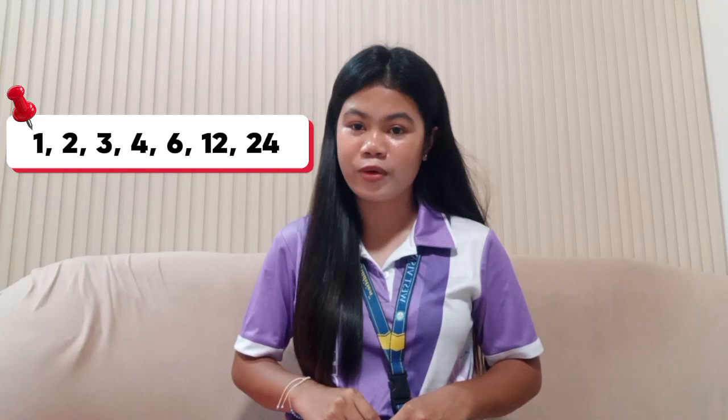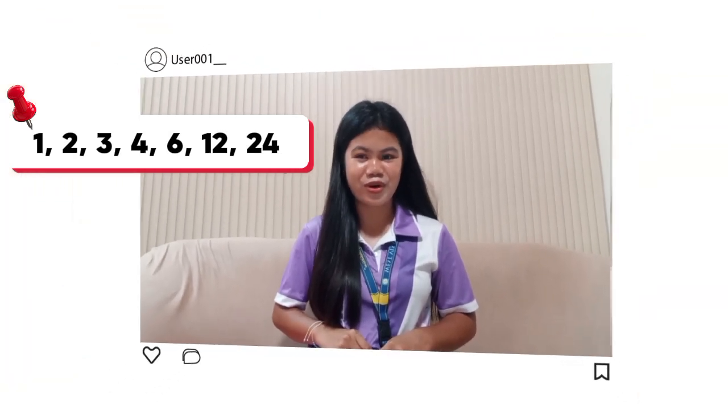So, do you know what is the factor of 24? Yes, that's right. The factors of 24 are 1, 2, 3, 4, 6, 12, and 24. So what are the factors of 36? Yes, you're right again. It's 1, 2, 3, 4, 6, 9, 12, 18, and 36.